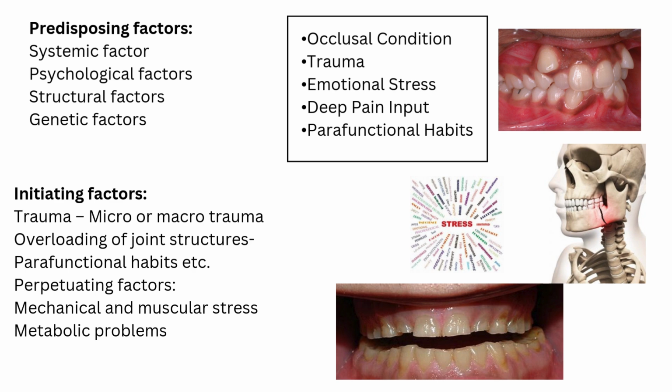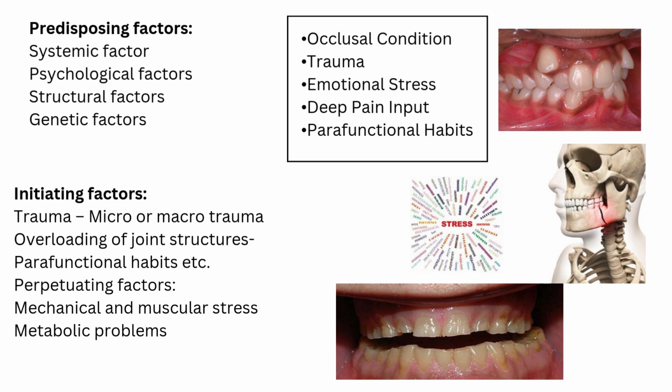All right, now coming to the initiating factors, the factors that cause onset of TMDs. These initiating factors could be a trauma, as I told you earlier. It could be a micro trauma or a macro trauma. We'll be talking about this in detail, but micro trauma is what happens again and again, like parafunctional habits.